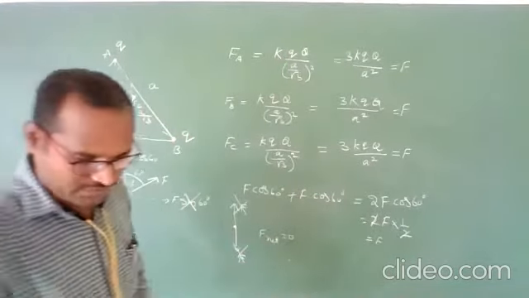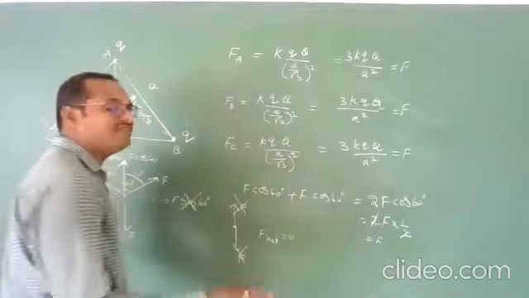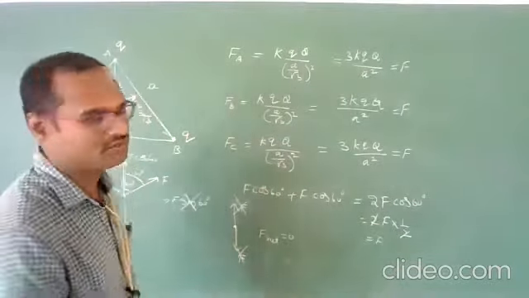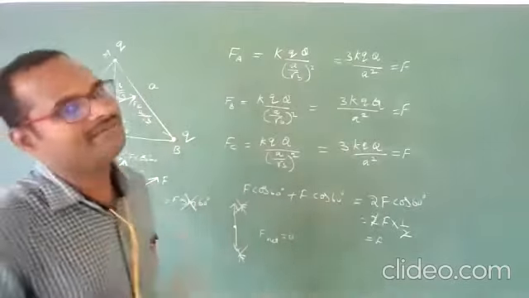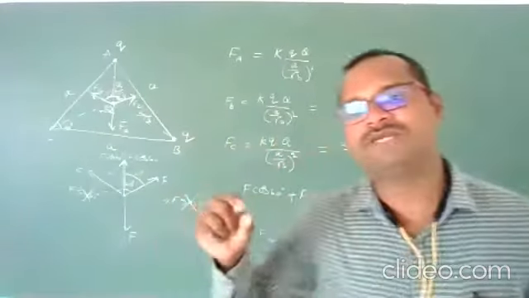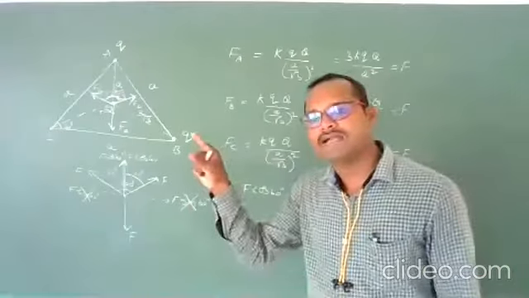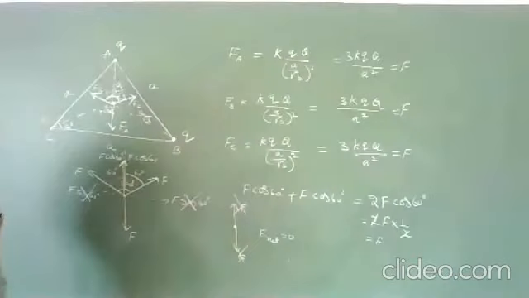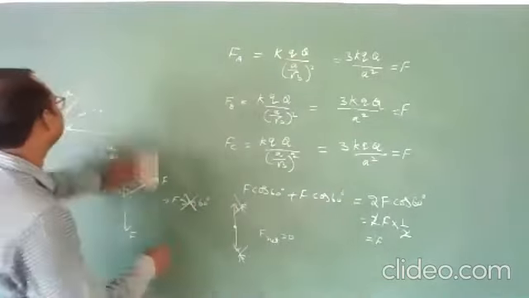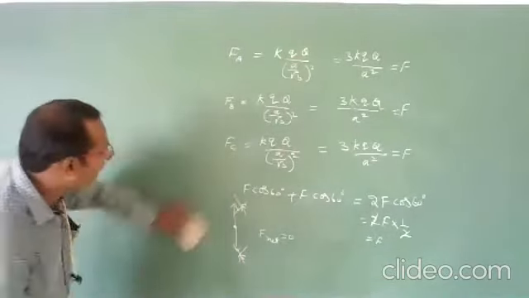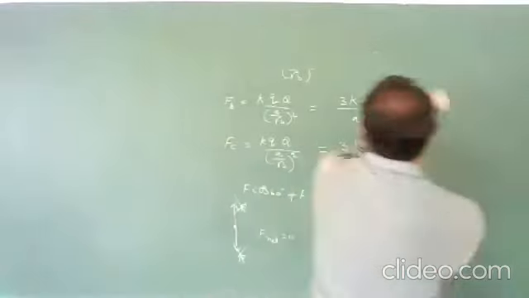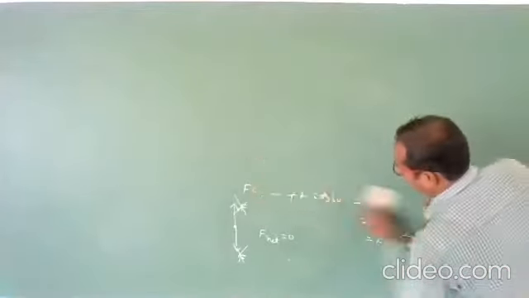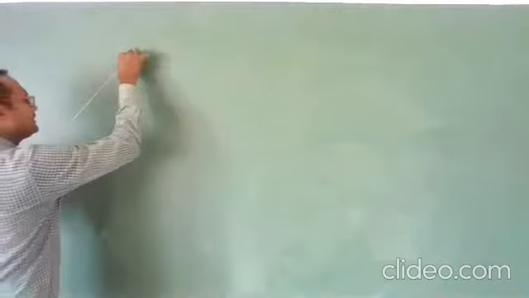Now, one student is asking me, sir, solve with different types of charges. I will take charges equal in magnitude so that the problem becomes somewhat simpler, but different in nature. One is positive, another is negative, so that you will understand. At that time, force cannot be 0. Let us see that also. Let us take the triangular one first.